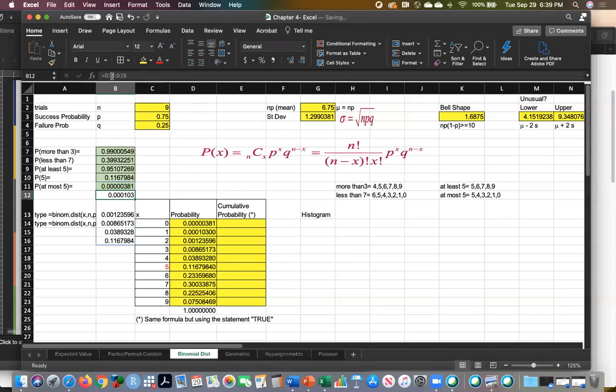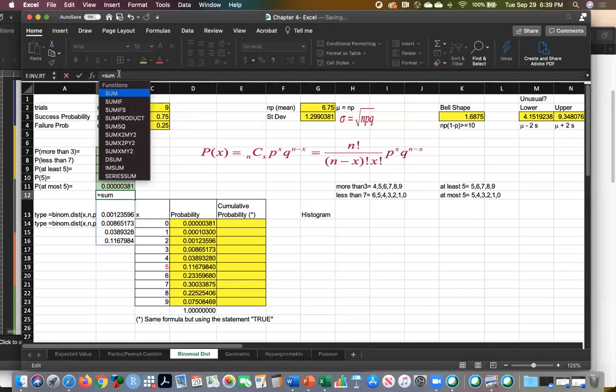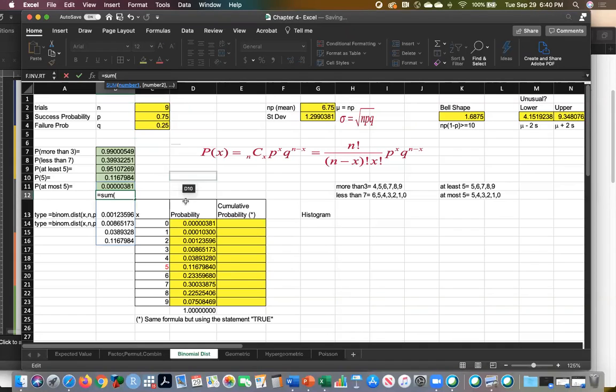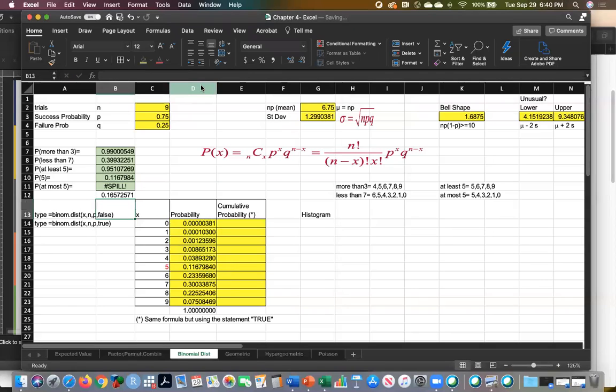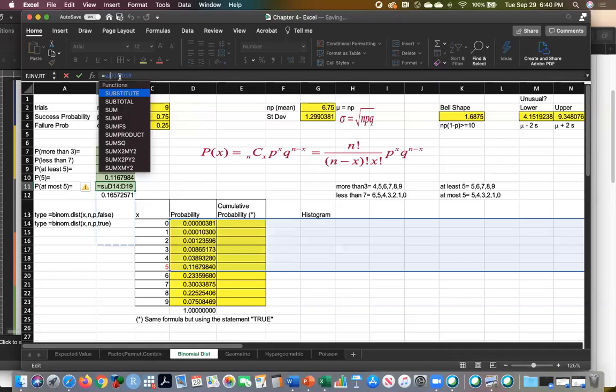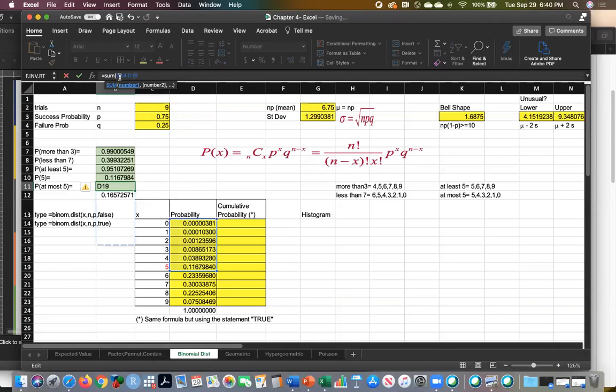What happened to me? That has to be equal to the sum of 5, 4, 3, 2. Okay, something happens. It doesn't let me do the sum. Okay, it's taking a little time.